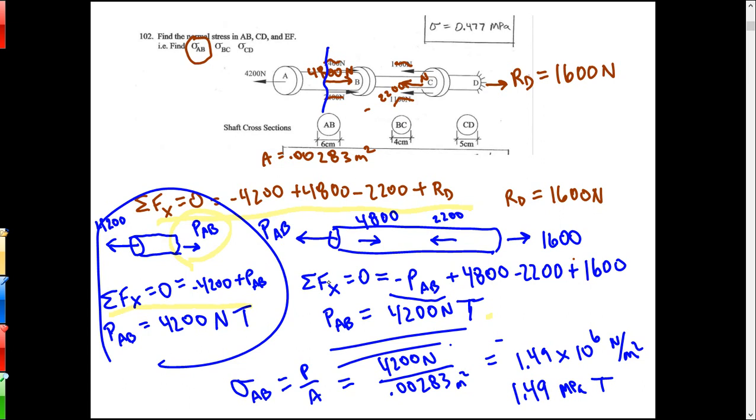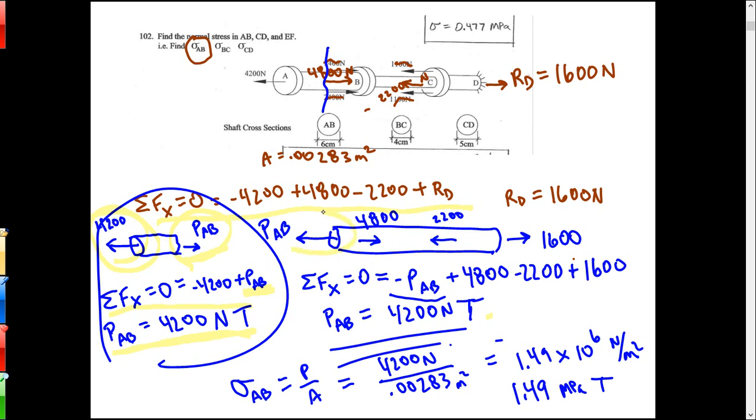But that's acting to the left, so that goes into the statics equation as a negative because it goes to the left. For PAB, I'm assuming it acts to the right on this free body diagram, so it goes into the equation to the right. When I solved, I got a positive answer, and that means yes, it does go to the right.